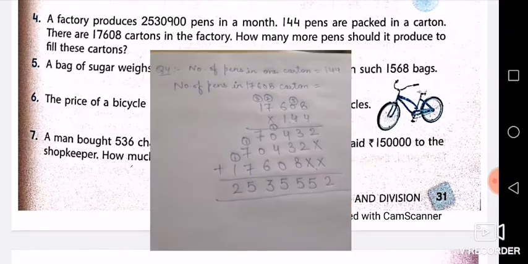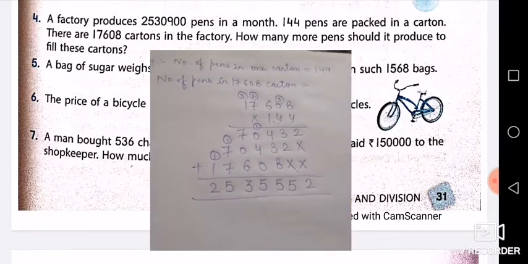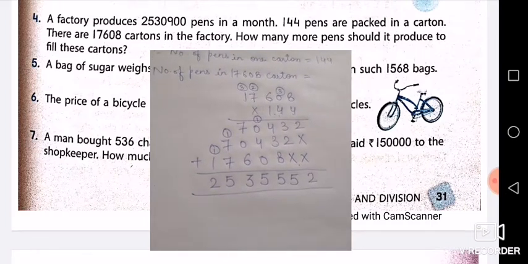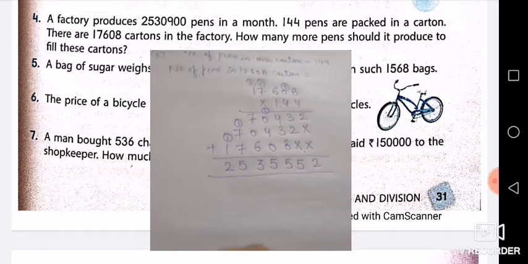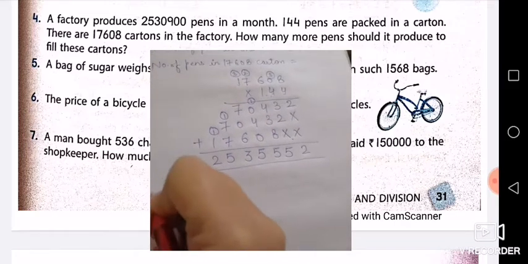Now these many pens are required to fill 17,608 cartons.